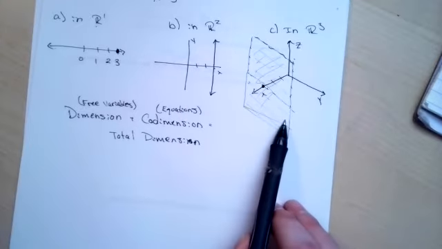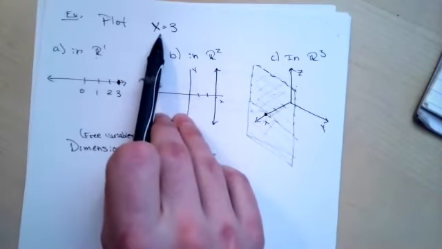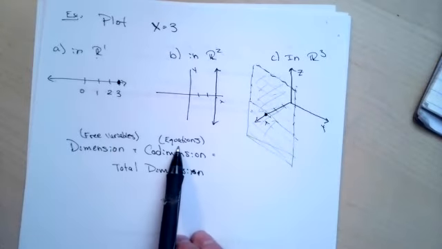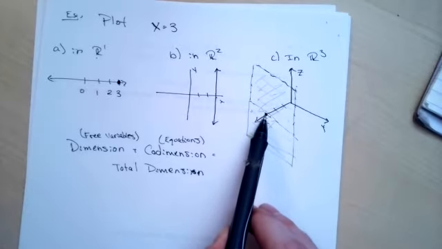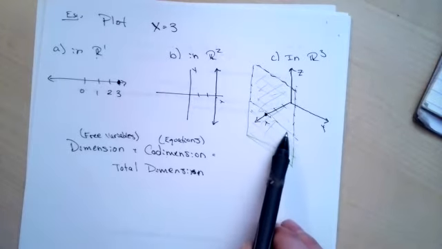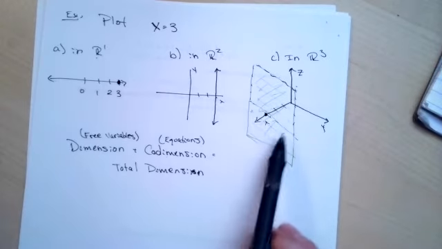In R3, what was our constraint? Our equation again, x equals 3. That gives us our codimension. The number of free variables we have, well, how did we graph this plane? We said that x had to be 3, but our y and z variable, as long as I start at this point on 3 on the x-axis, I can walk parallel to the y-axis and parallel to the z-axis however much we want.